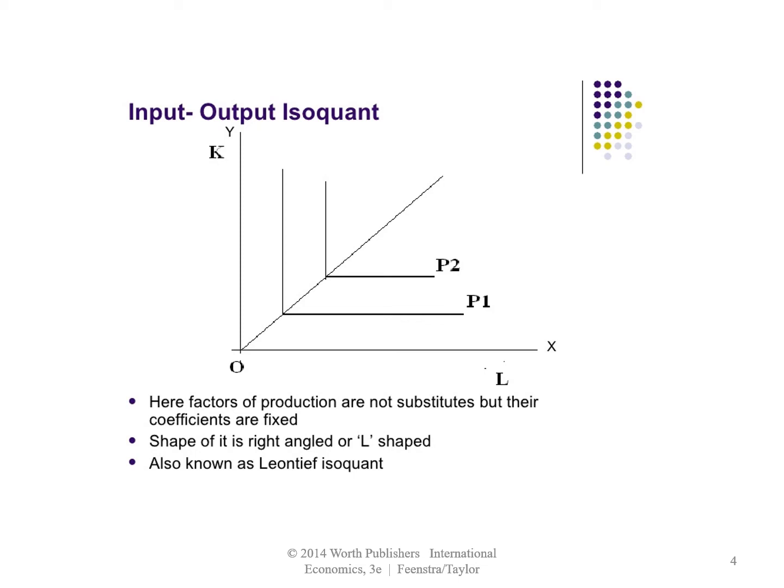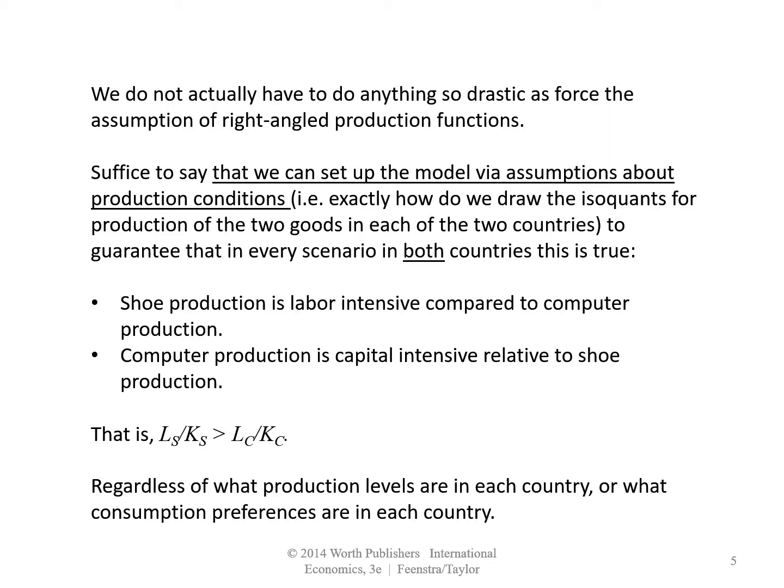Just take it as true that we can set up the model to guarantee that production of computers is always capital intensive and production of shoes is always labor intensive. So this is a statement of our assumption about the pattern of production conditions in the two countries.